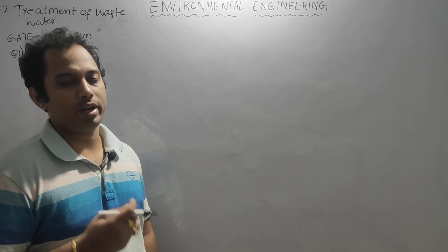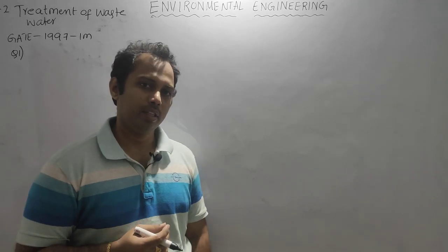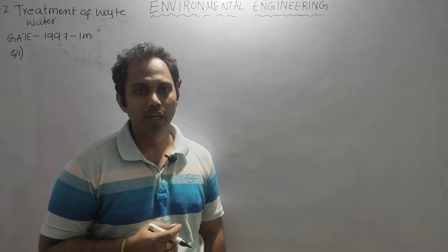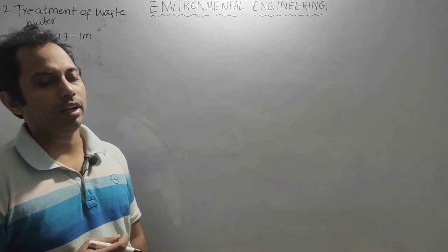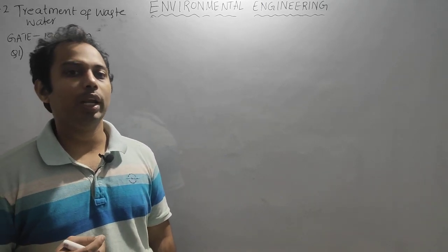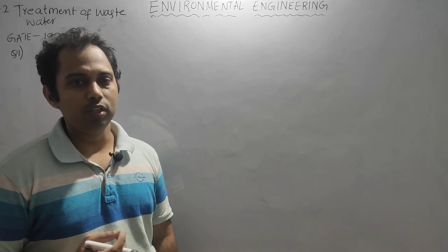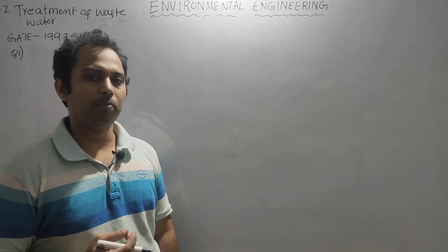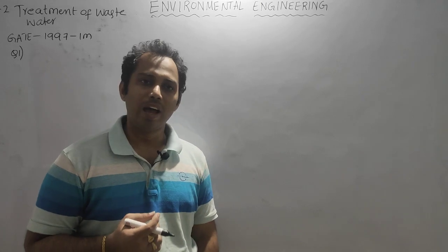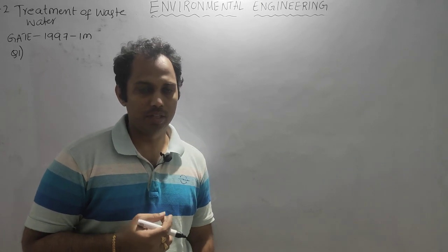If you provide aerators, then with aerobic bacteria it will treat itself, and finally the organic matter will completely decompose and become manure, which we can directly use as plant nutrients. That is what I told you in the previous lecture.